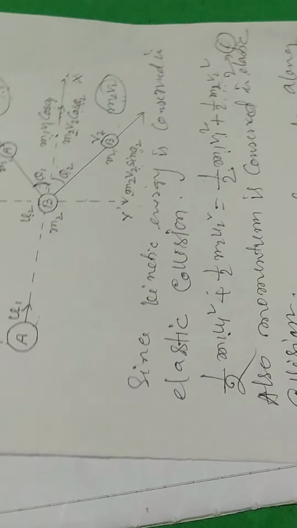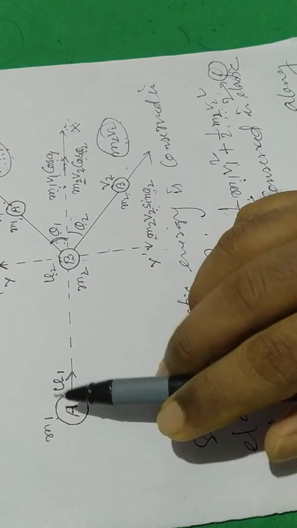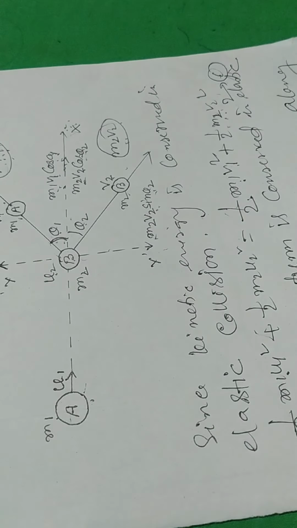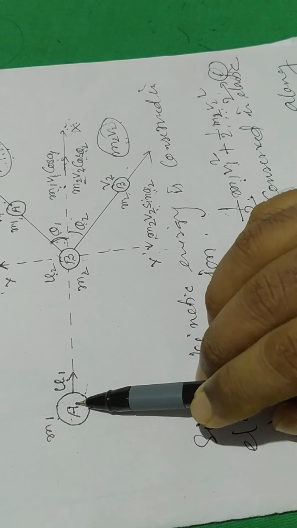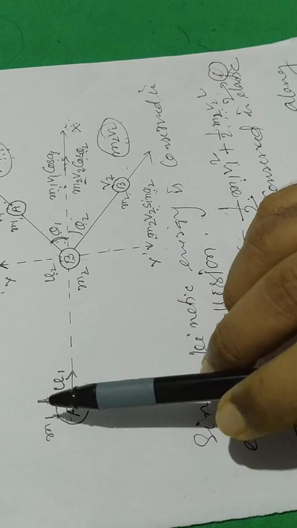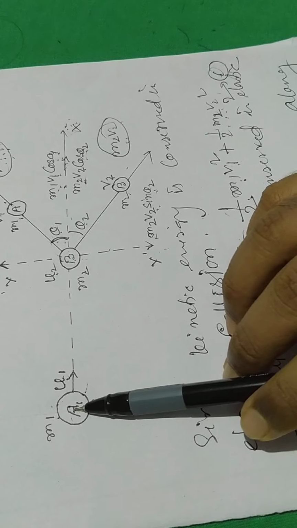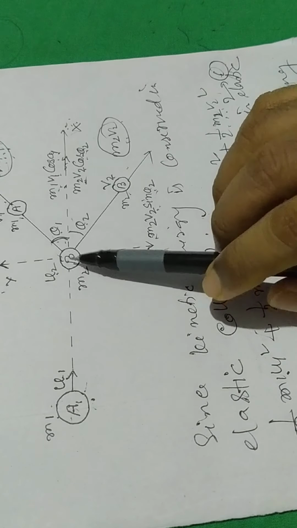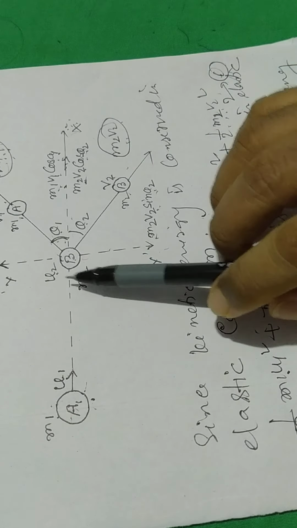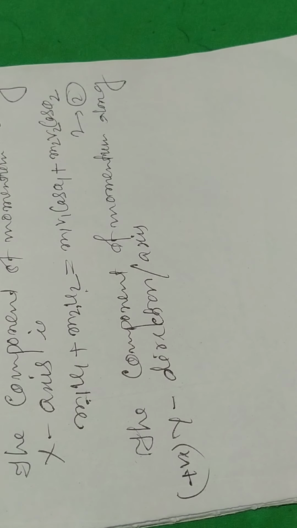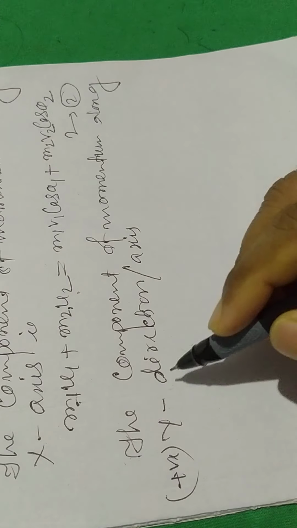Before collision, both bodies are moving along the x direction, not along the y axis. So the component of momentum of body A along the y axis is 0, and the component of momentum of body B along the y axis is 0 before collision. So the total momentum before collision along the y direction is 0.